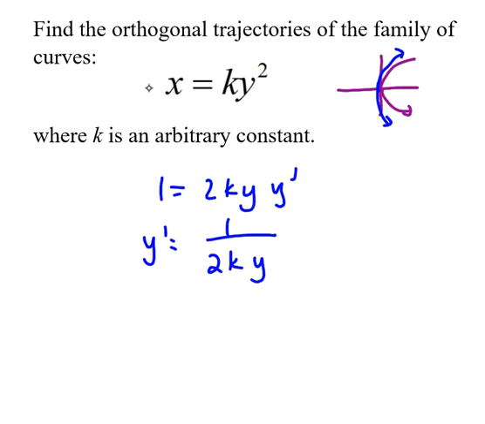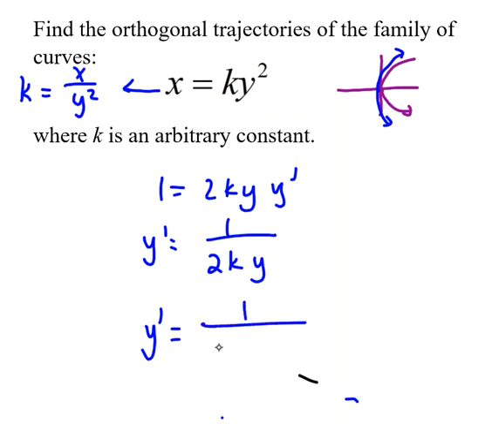Well, if I rearrange the original for a moment, that's telling me k is equal to x divided by y squared. So if I use a substitution, I can have 1 over 2, replace k with x over y squared.